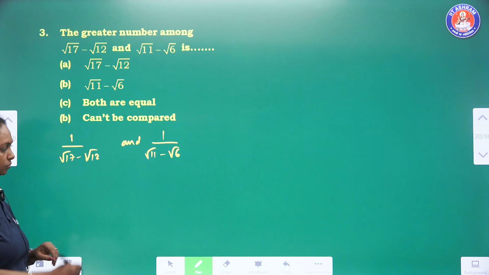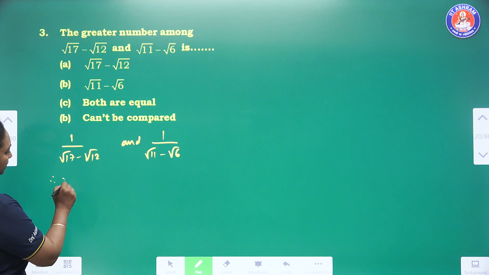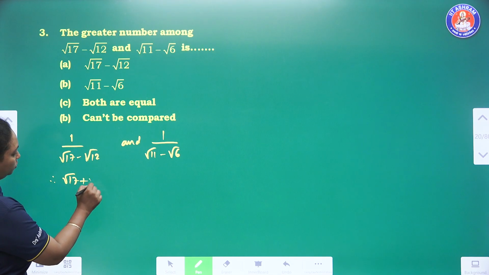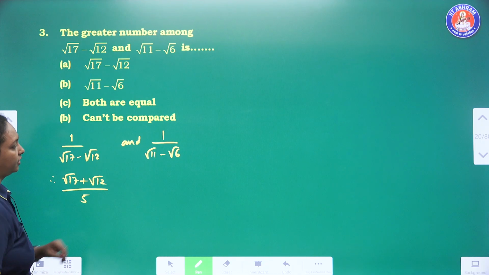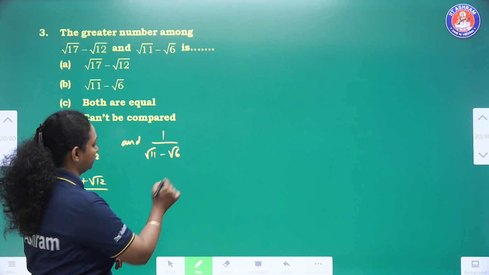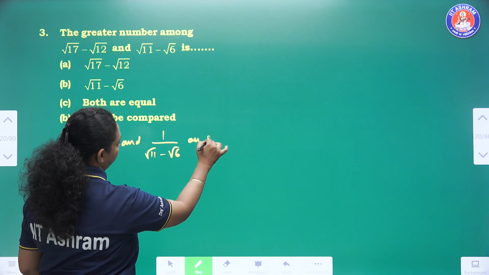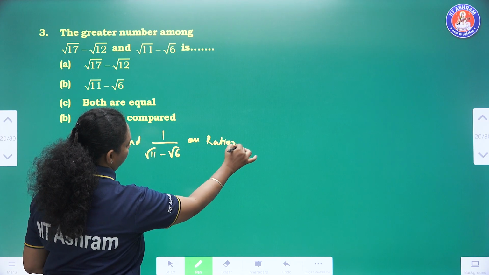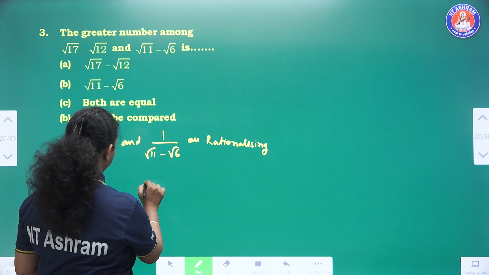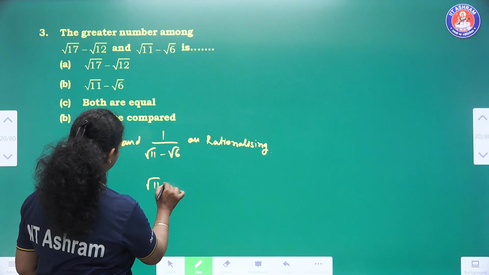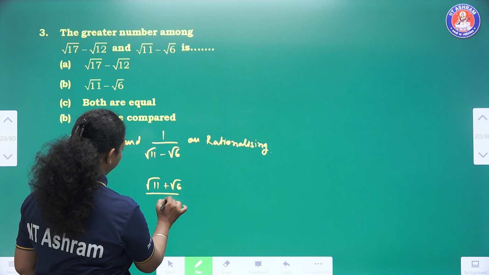Root 17 plus root 12. So the next step is root 17 plus root 12 upon 17 minus 12, which is 5. And when we are rationalizing the other, it is root 11 plus root 6 upon 5.